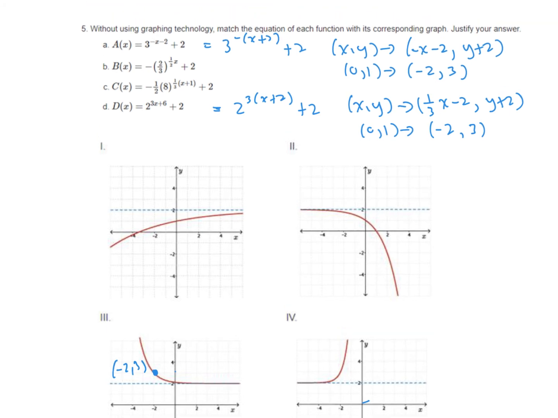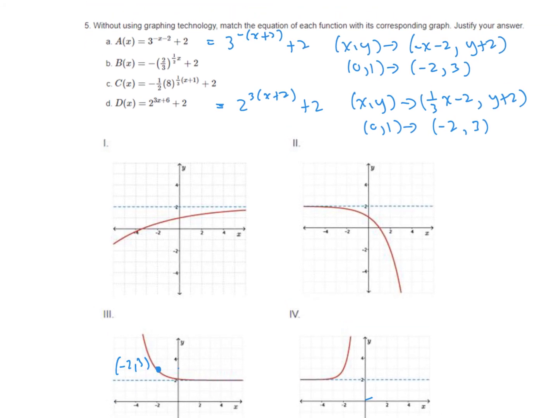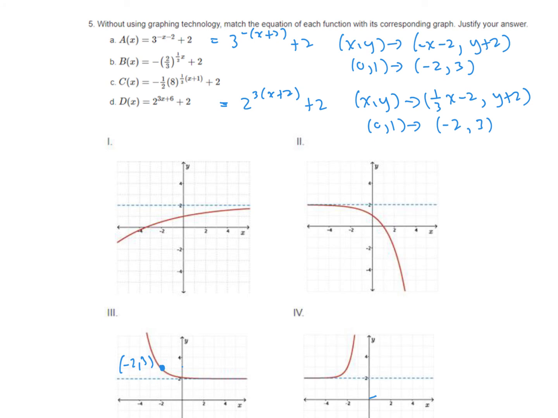So the last thing we can look at is the base. So let's just have a look at the bases. So just comparing bases, I would say that one's a little bit steeper. Let's see.